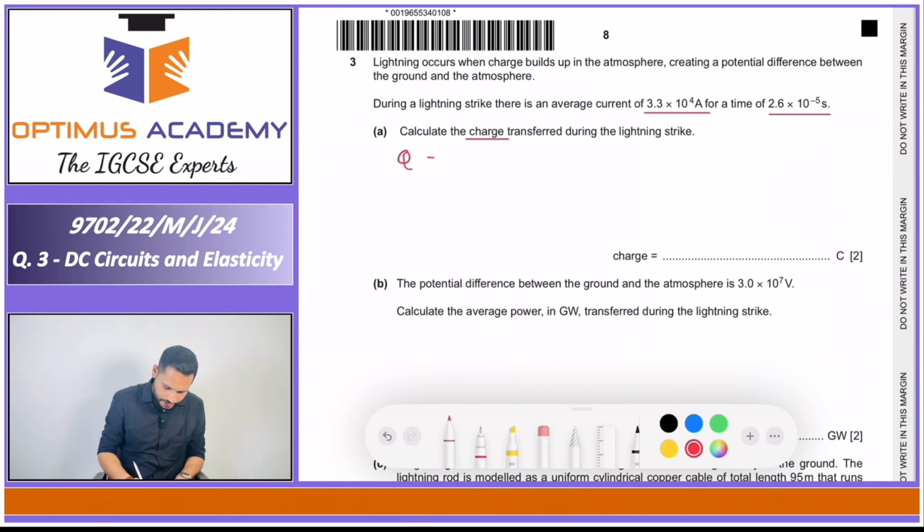We know the formula for charge. Charge is product of current and time.